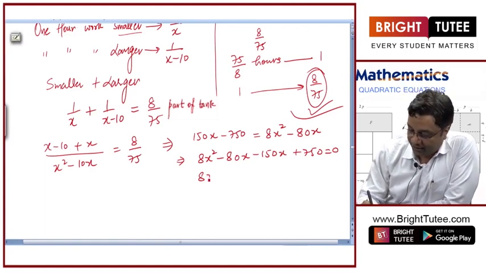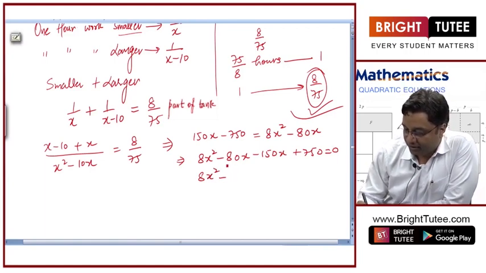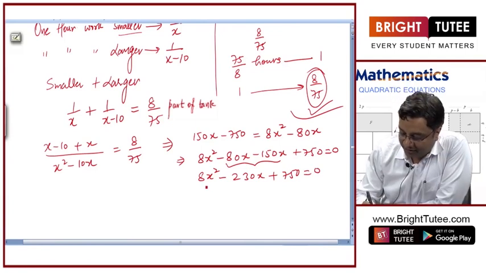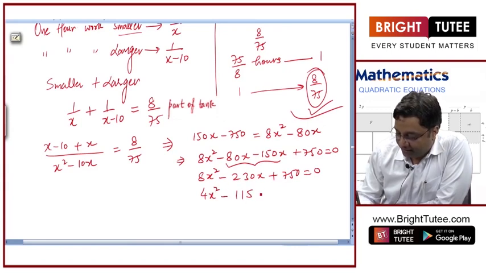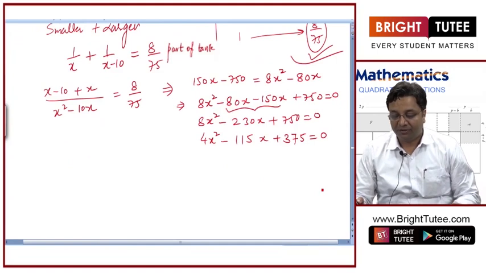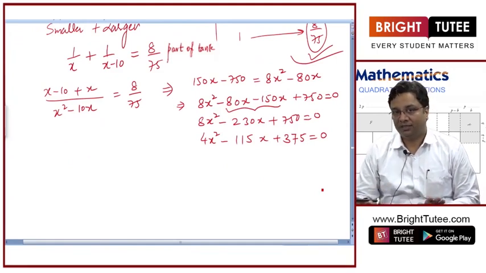So 8x square minus 230x plus 750 equal to 0. Now if I divide it by 2, it will become 4x square minus 115x plus 375 equal to 0, right? Now this has become a quadratic equation which you can easily solve.